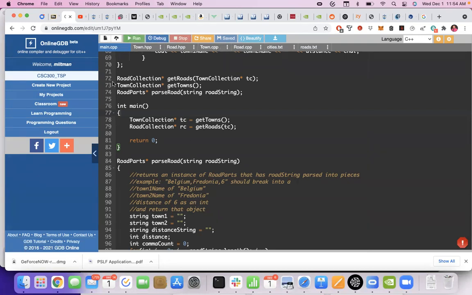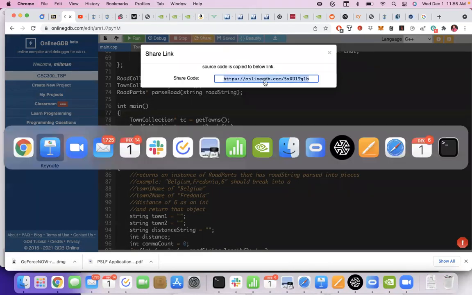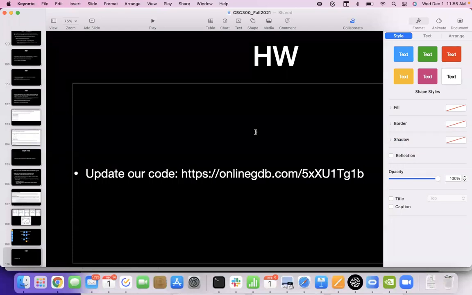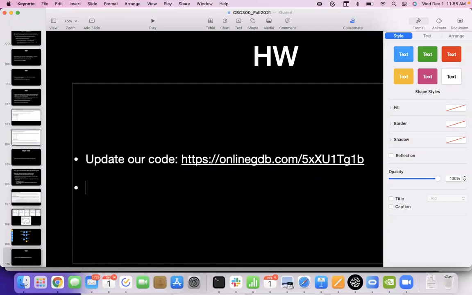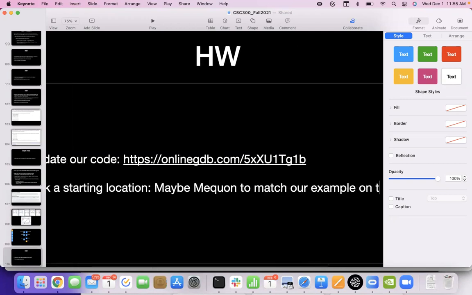I didn't change it at all, so there's no output, so it's not going to do anything right now. Save this, so that's updating our code. Pick a starting location. Maybe Mequon to match our example on the previous slide.